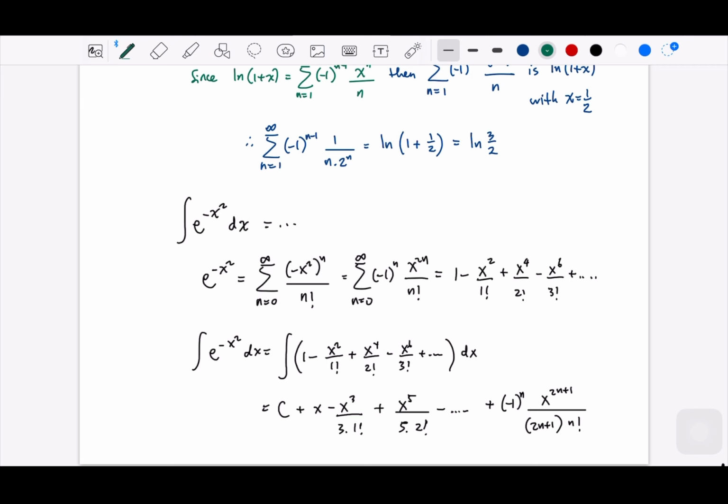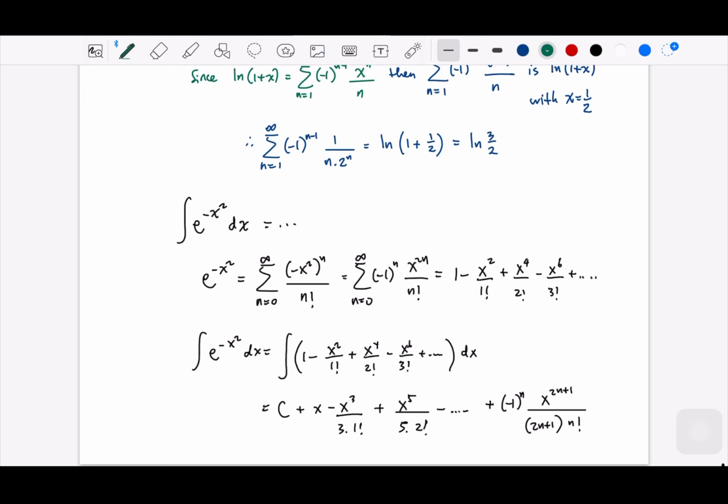So, for example, if we want to take these integrations, we can take them with the series, and if you want to, let's say, take from certain points, we can try a few terms.